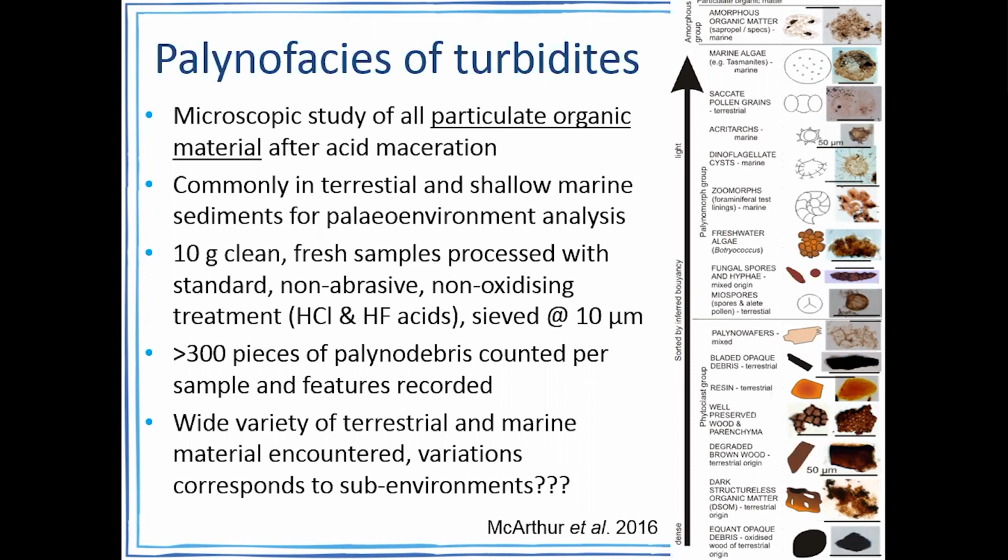Another thing you can do with pollen and spores is look at the spore color index. Basically, the darker the spores, the more they've been buried and heated up. We were able to use this in samples going down to estimates of about 3 kilometers burial.